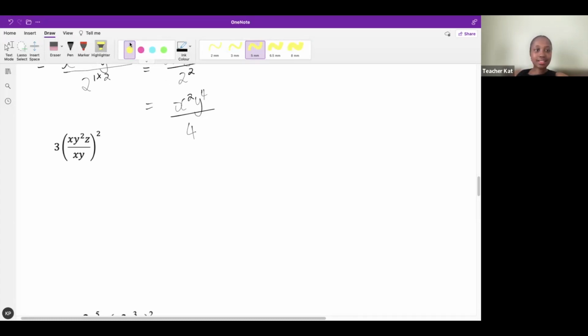Yes, guys. We have multiple bases that are the same. We have an x and an x. We have a y and a y. So we can simplify something inside the bracket, right? We're dividing. So what will we do to the exponents? We'll subtract. Let's start with x. It's going to be x to the power of what minus what?